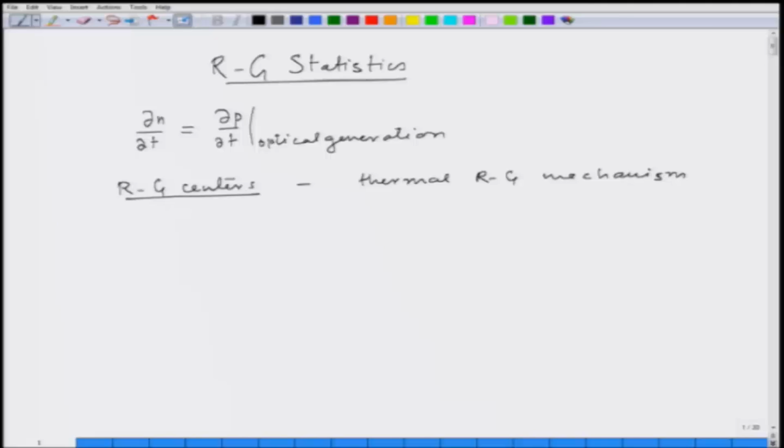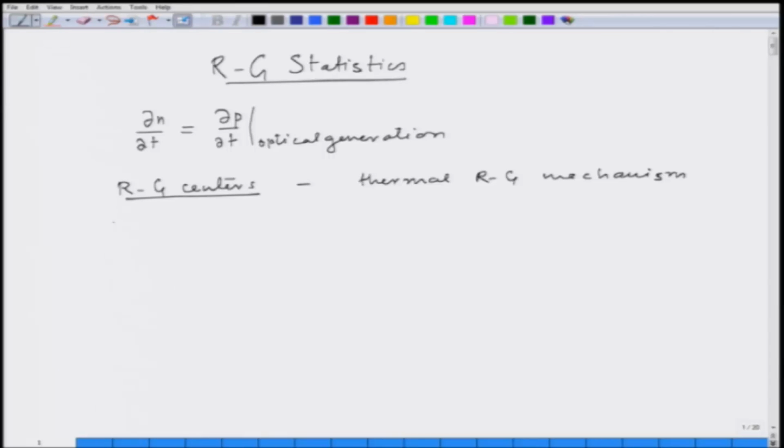Effectively, we have looked at different individual processes individually, and we are still looking at individual processes. When you are working in a device, probably more than one will be working, and hence you will have to incorporate all the mathematical expressions that you need in order to understand how your device will work. So, today's lecture will be focusing on the R-G statistics, or how R-G centers lead to recombination or generation of carriers.